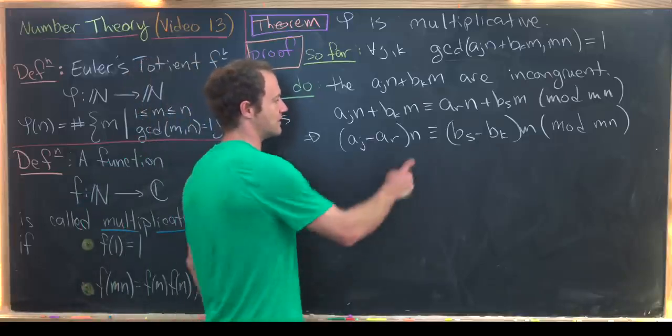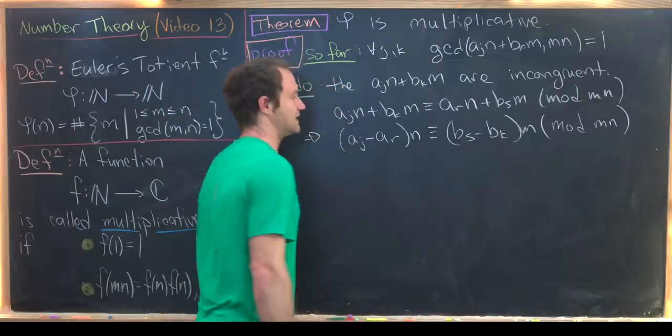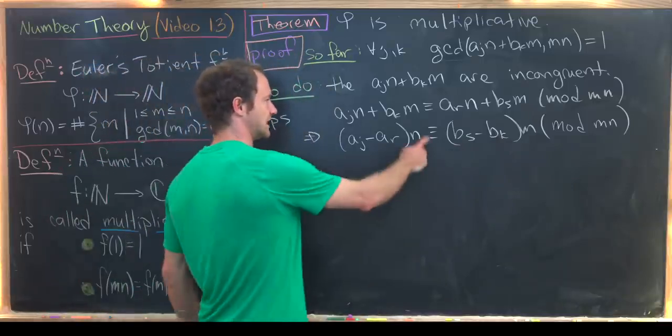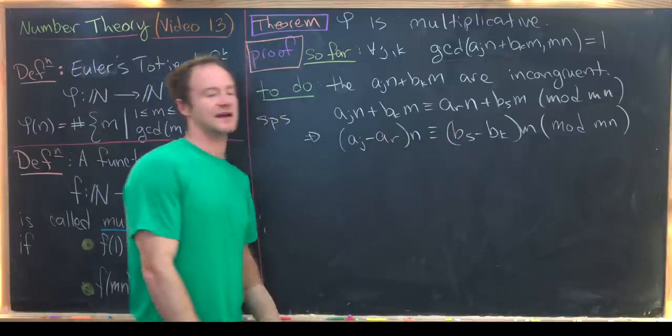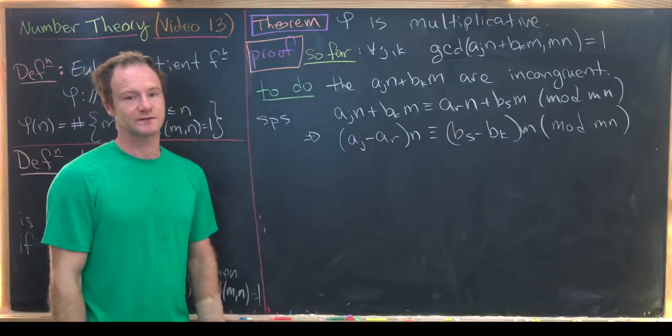And then furthermore, the multiple of n that occurs on the right-hand side is wrapped up in this BS minus BK. Again, because the left-hand side is a multiple of n, so is the right-hand side. We're only able to do that because these two numbers are relatively prime.